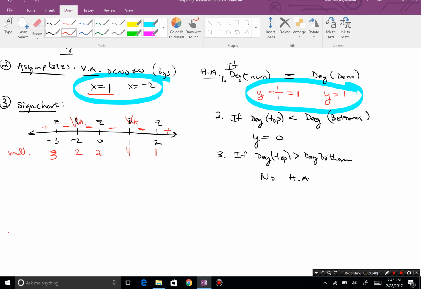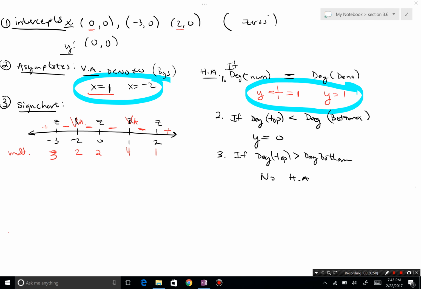So let's see if I can graph this without making any boo-boos. It's a small graph, guys. Here we go. 0, 0 is my 0. Negative 3 is my 0. 2 is my 0. The y-intercept is also in the exact same place. Life is good.